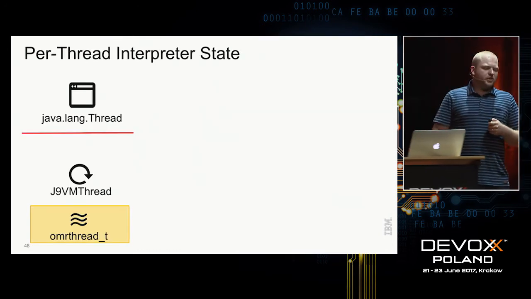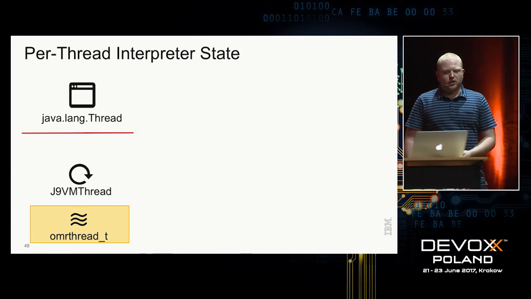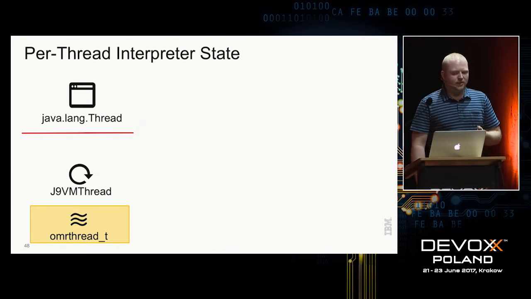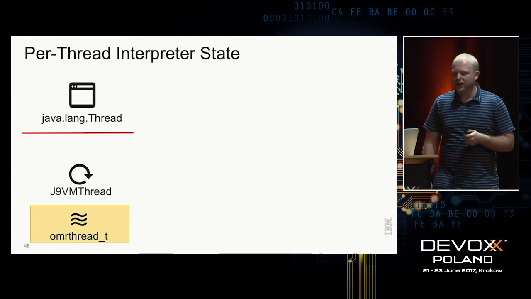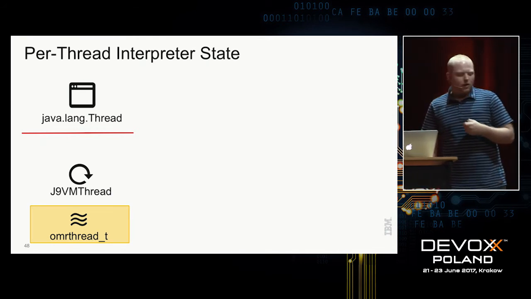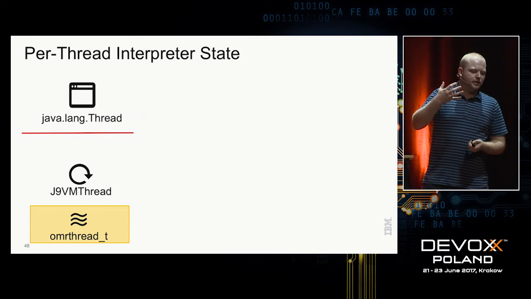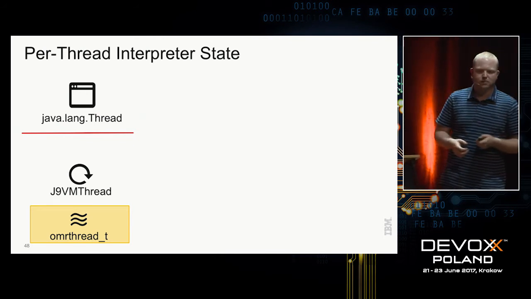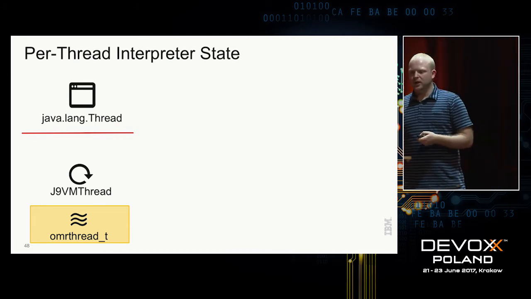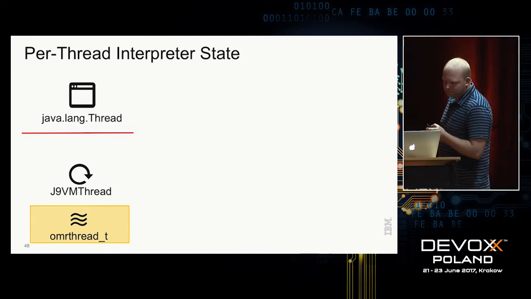So I mentioned earlier that the J9 environment structure is actually our main JVM execution thread. And these threads are what we call the J9 VM threads. They are represented by a java.lang.Thread in the Java heap. So this red line is still the separation between native memory and the Java heap.